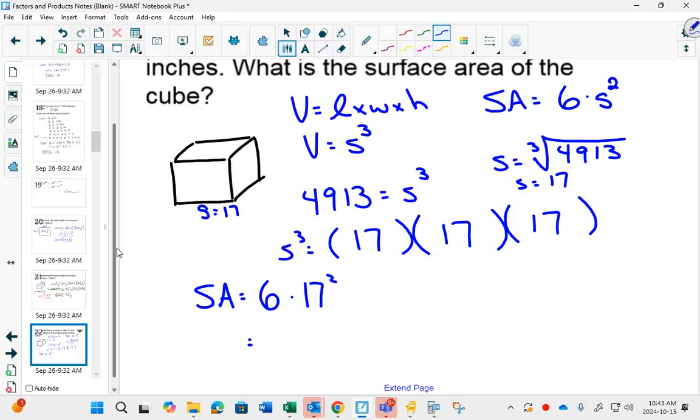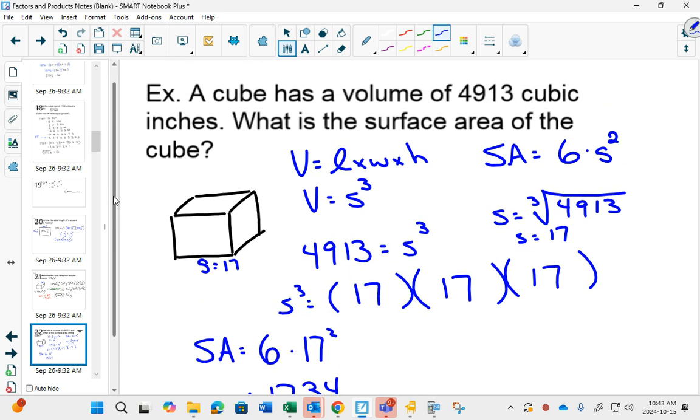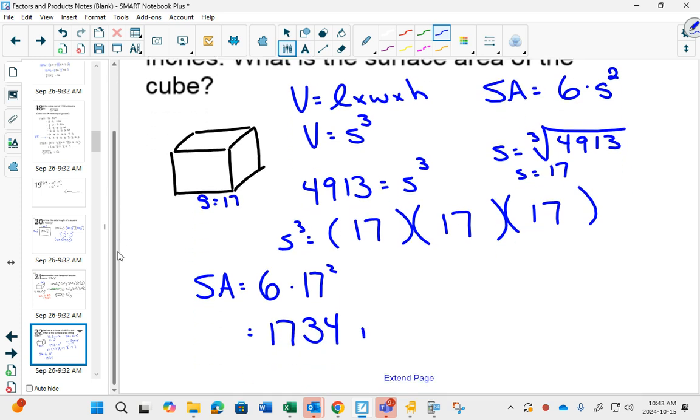Is it something like 1724? 34. Oh, so close. Do they have units in this question? Cubic inches? So this being a surface area will be inches squared.